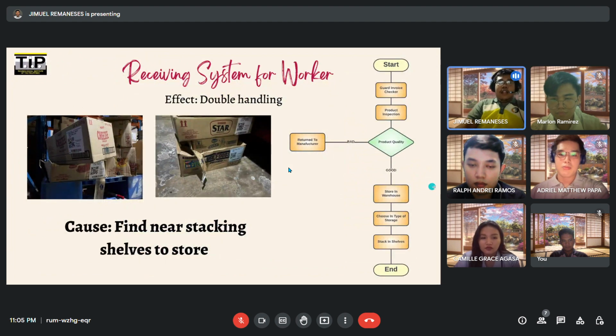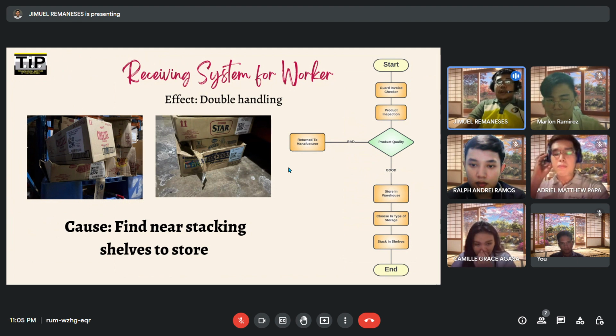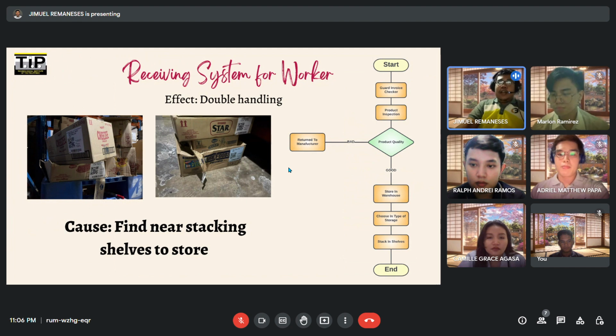Now let us move on to the receiving system for workers. As you can see, this is the current flowchart for the receiving system for workers. There are some cases in the warehouse in which the deliveries of stock goods are many. The warehouseman just puts the goods in the nearest space available. Due to this method, they cannot avoid double handling of goods, which is one of the major factors in damaged goods.